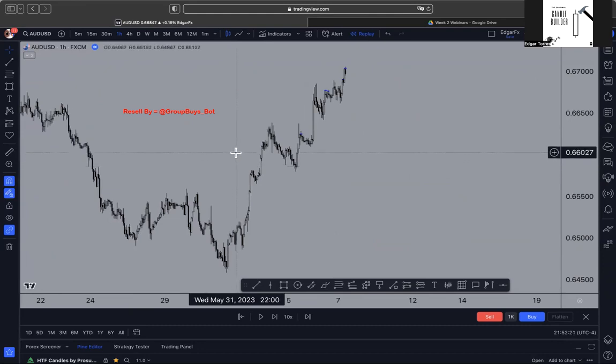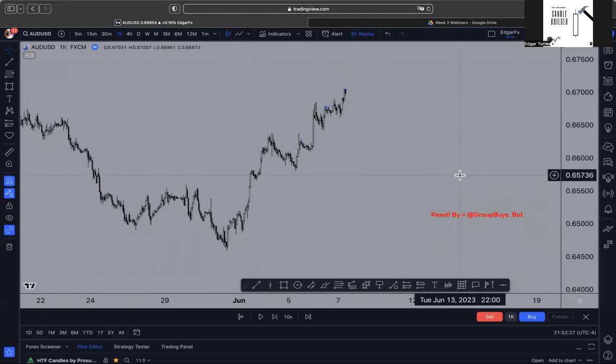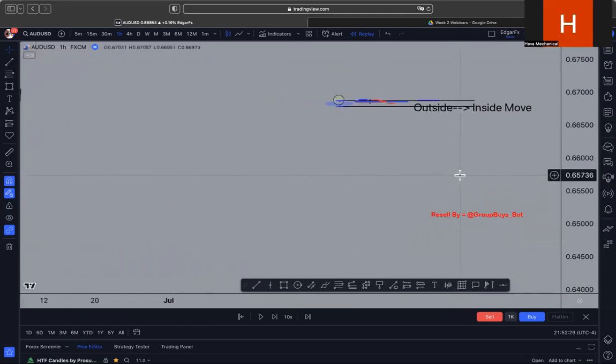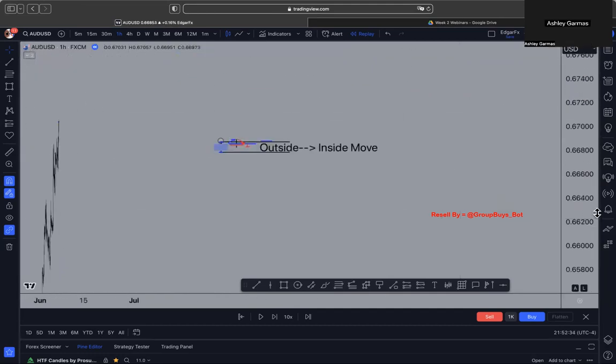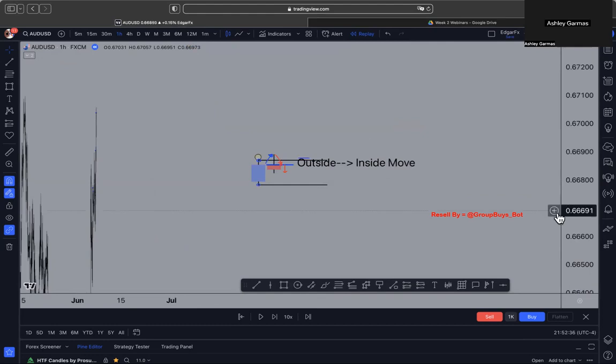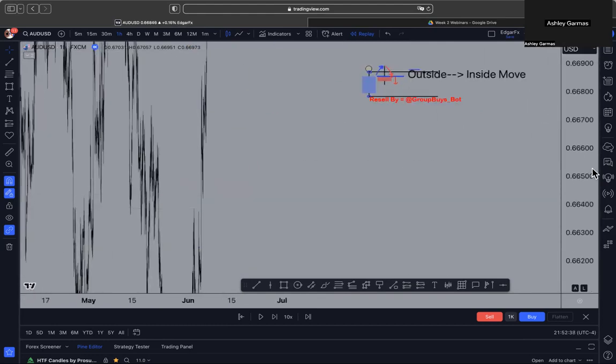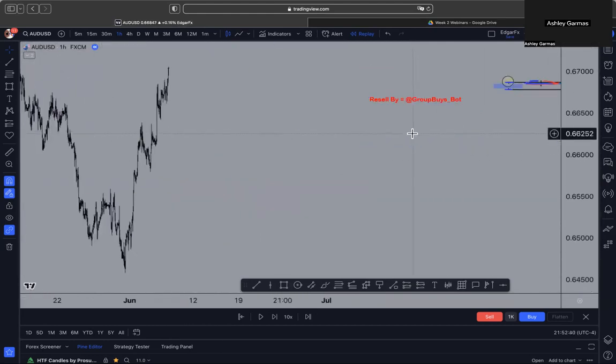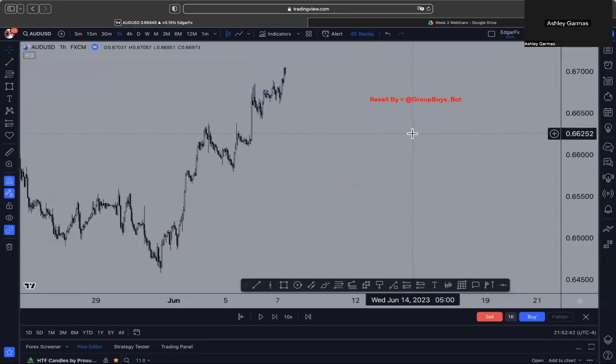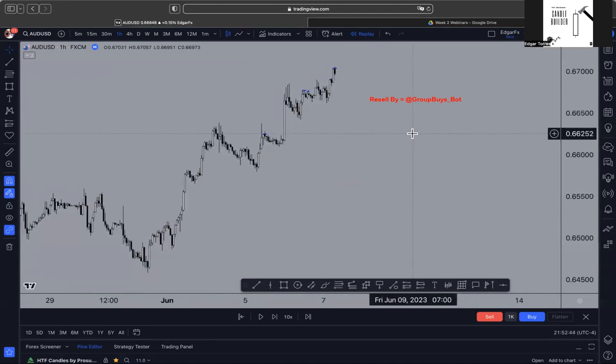Those are really worth it when you're looking at daily and weekly outside and inside moves. My question is, how are you exactly trying to take advantage of an outside inside move? Are you looking at it at a H4 time frame or something? That way you would take advantage of it. It's whatever time scale of the move you're trying to build.